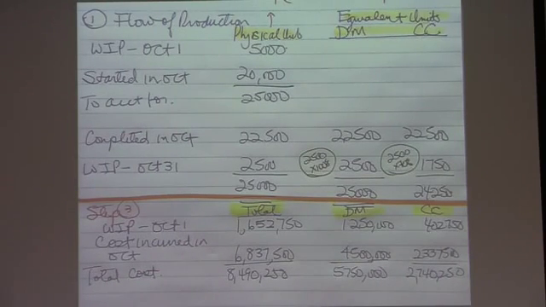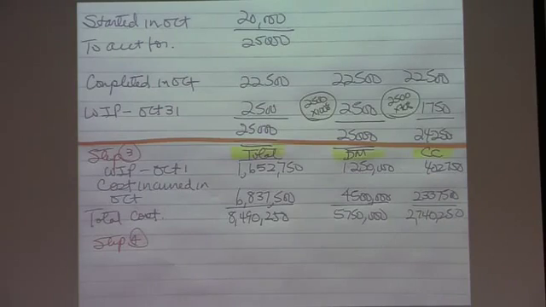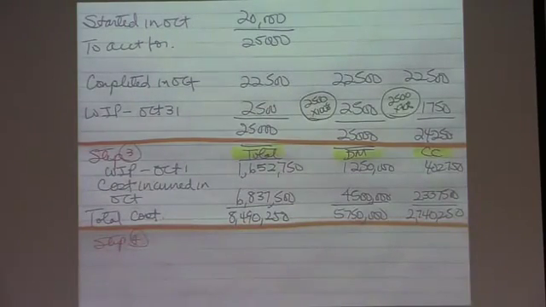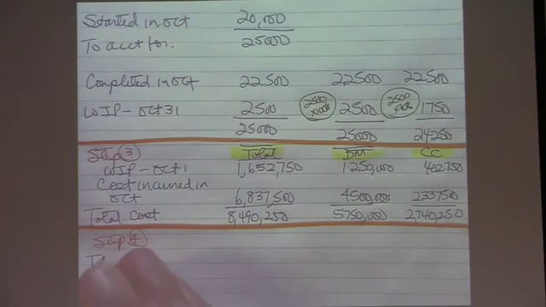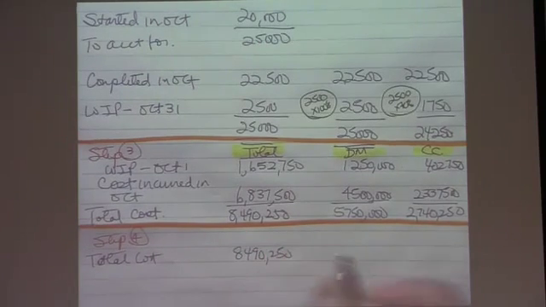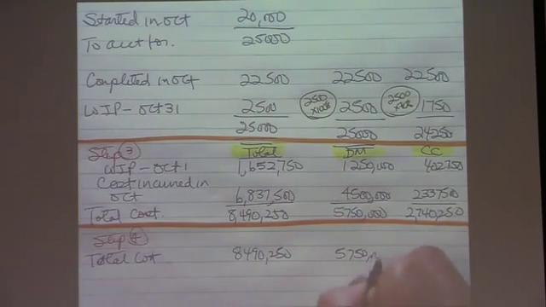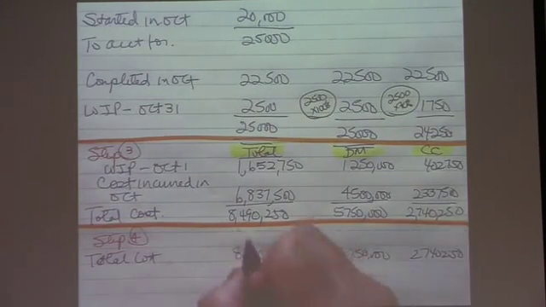Now, step 4 requires us to determine the unit cost, the cost per equivalent unit. That's exactly what we're going to do next. This is step 4. How do we determine that? We're going to take these costs, let me write down the total again, the headings.